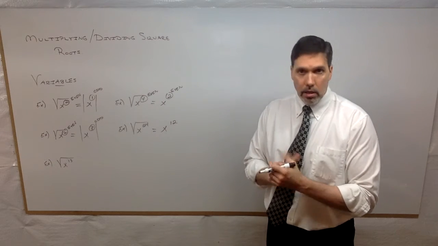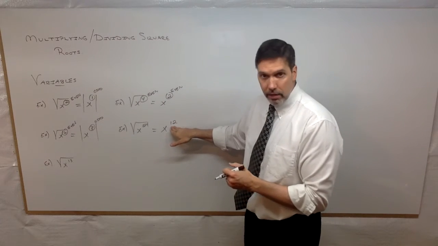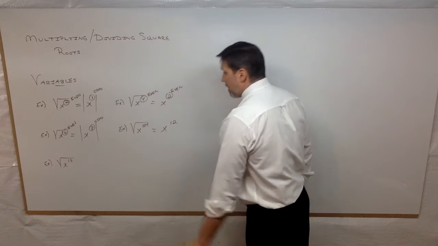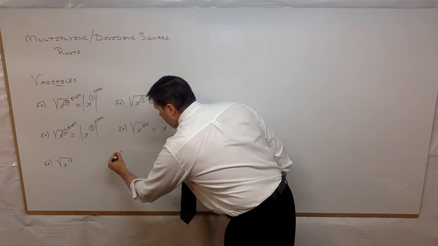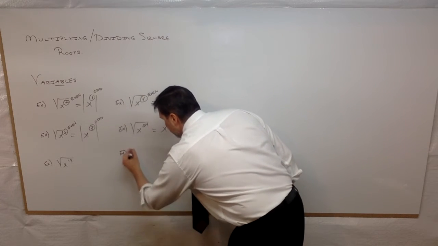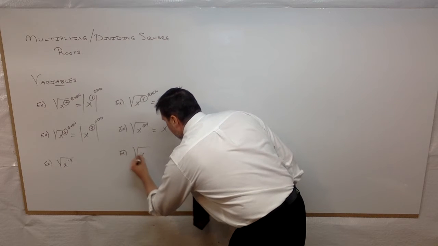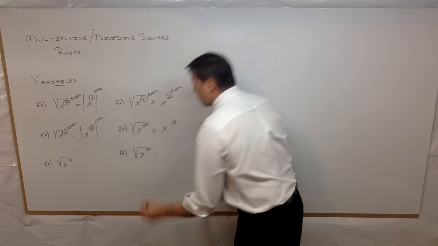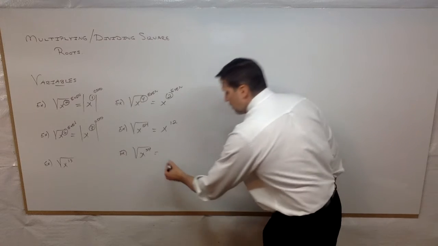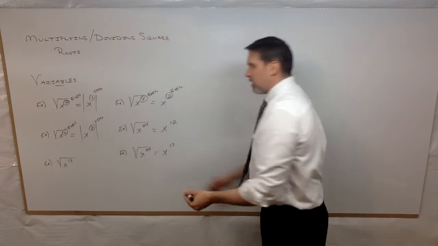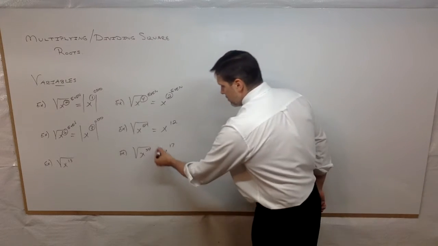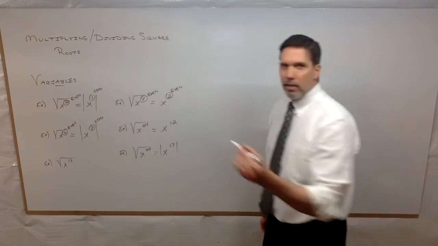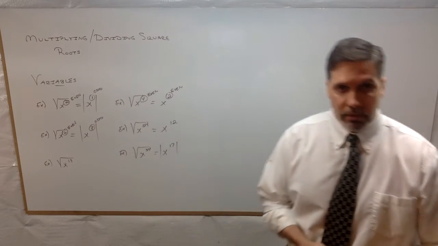Yeah, you can, because it's to an even power, so we do not need absolute value. Whereas if I did something a little bit off, like the square root of x to the 34th, that would be x to the 17th, but x to the 17th is not guaranteed to be positive. We have to guarantee it's positive by putting absolute value.